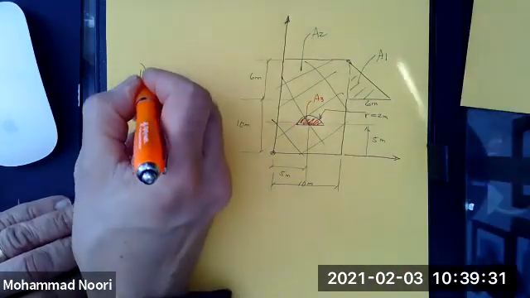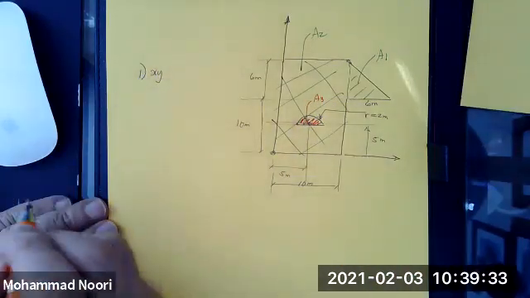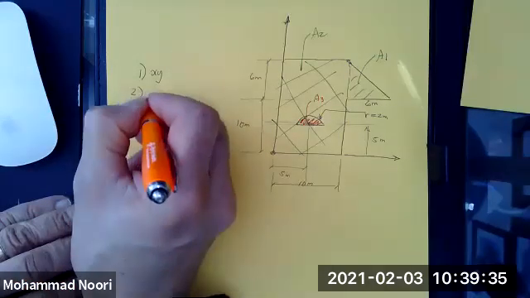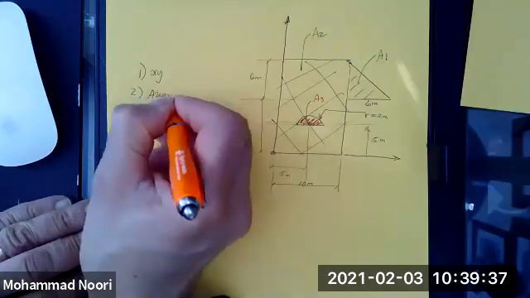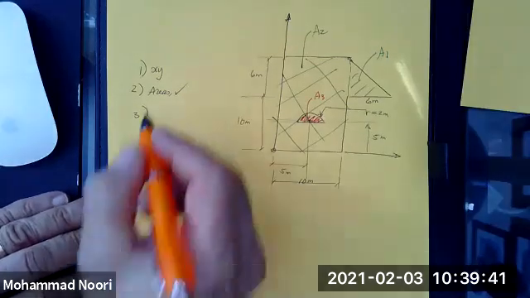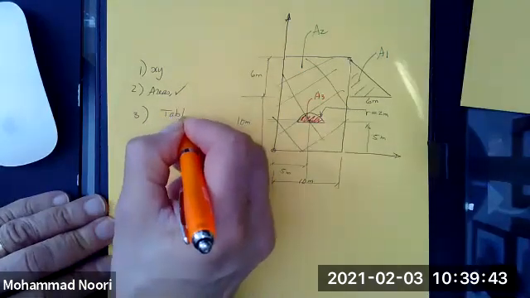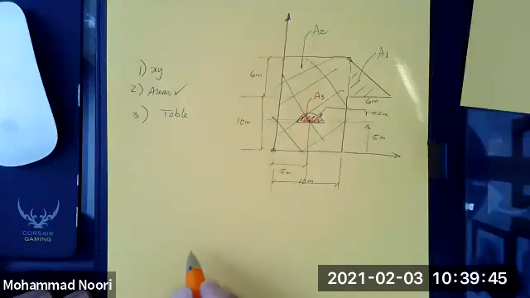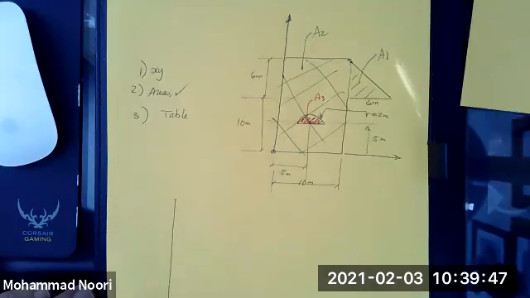So step 1, XY, you set it up. Step 2, areas, you set that up. Now step 3 is the table. Okay, so let's set up this table.